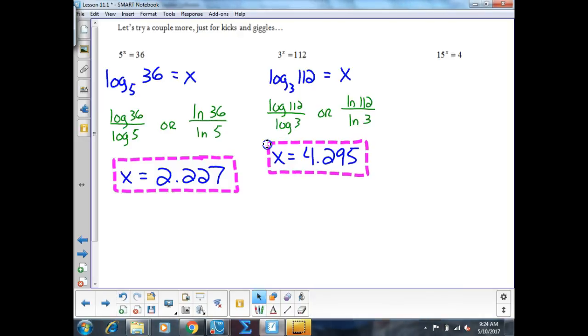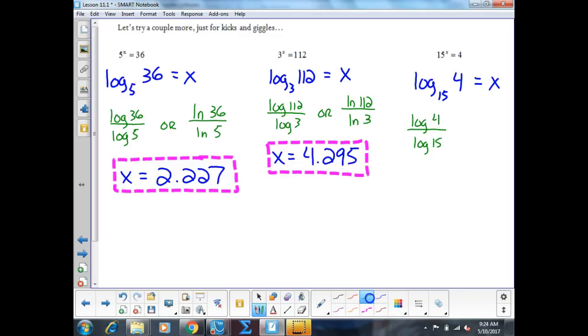Logarithmic form of the third one here: log base 15 of 4 equals x. So that's going to be either log of 4 over log of 15, or the natural log of 4 divided by the natural log of 15.